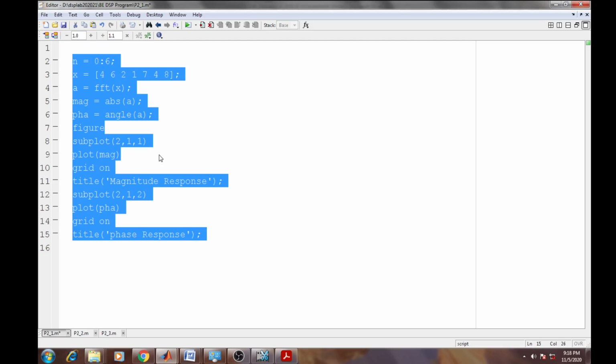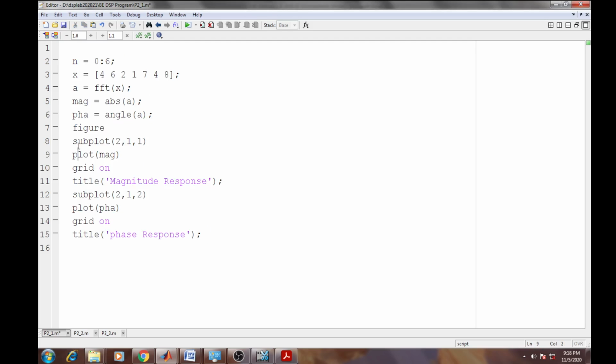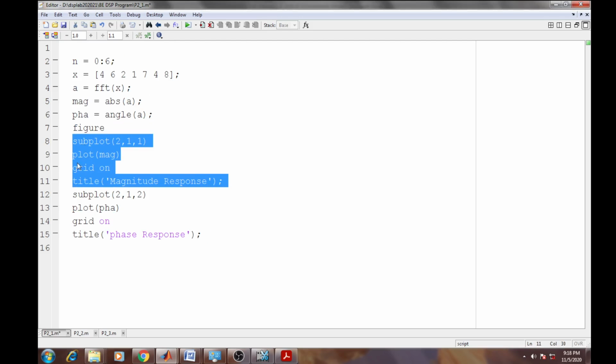Here I first draw the magnitude plot, so I highlighted some statements. These statements tell you that the magnitude plot will be displayed, so plot in bracket mag.